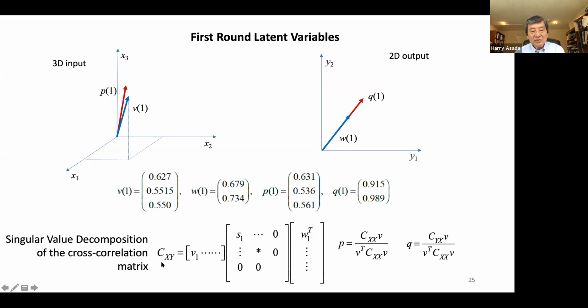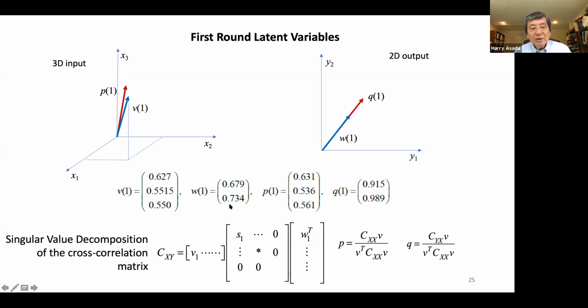correlation matrix CXY, and then we pick the first most significant singular value and the associated singular vectors, left singular vector and the right singular vector, and that's shown up here, B1, and then W1 shown up here.